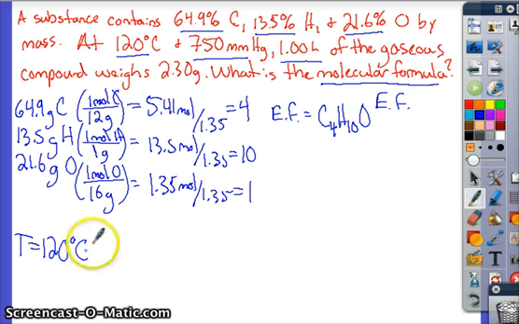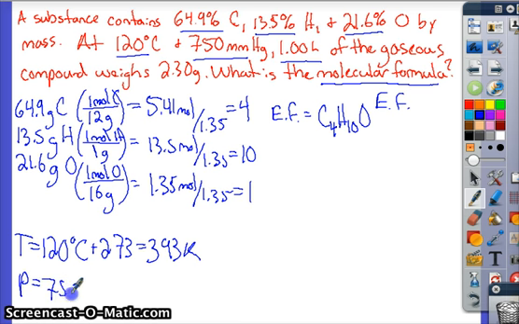An absolute scale is Kelvin, so we add 273 to get 393 Kelvin. We have a pressure of 750 millimeters of mercury, and a volume of 1.00 liters.